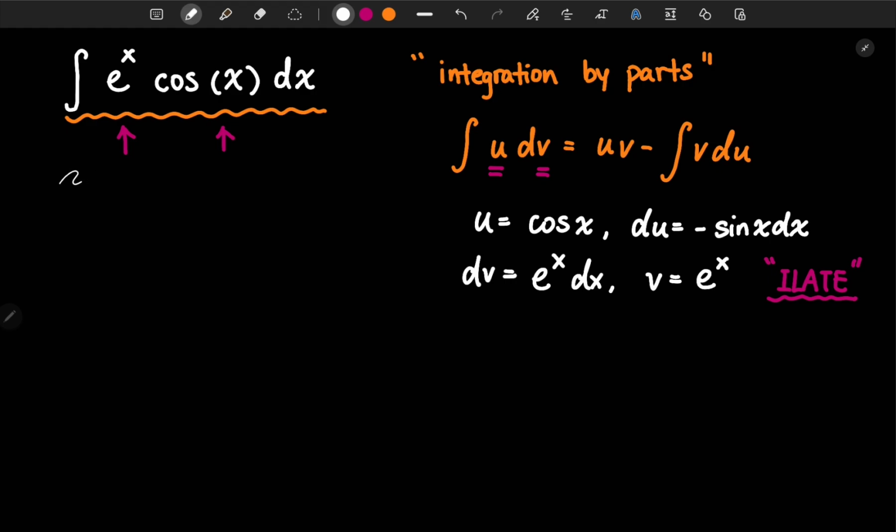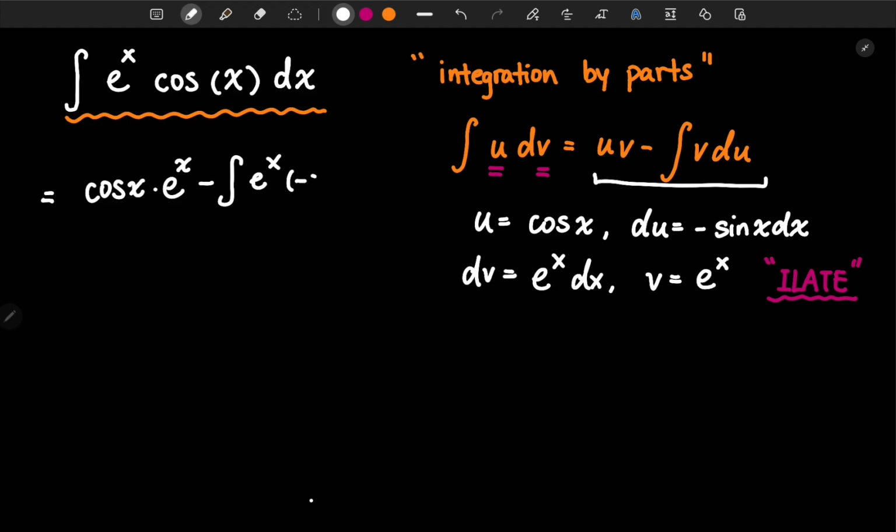Okay, now we have our u and v. The next step will be to plug it into the right side of the equation. Let's rewrite our function in terms of u and v. So the first term we have is u times v, which is cosine x times e to the x, minus the integral of v du, which gives us the integral of e to the x times negative sine x dx.